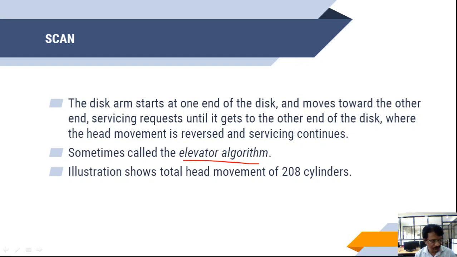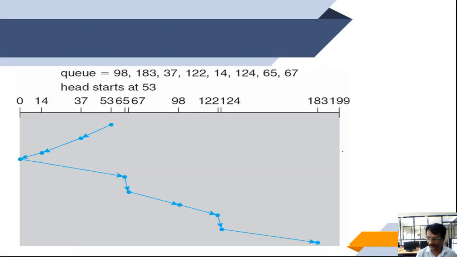So let's return to the example which we were discussing in the previous algorithms. Let's take this as an example, right? It starts from 53, right? So we need to know the direction of the head movement first, in addition to the head's current position.